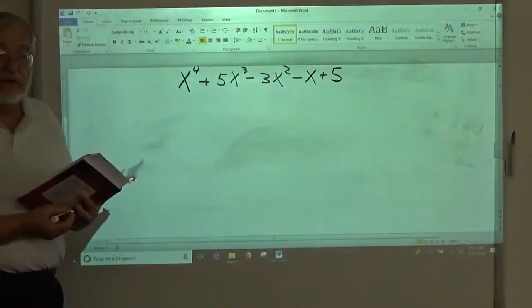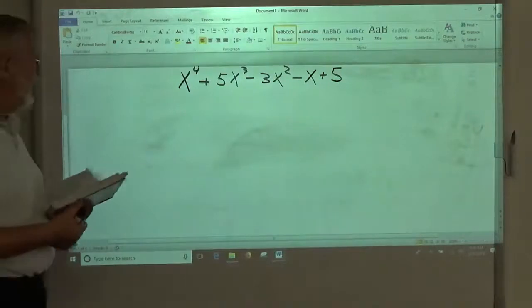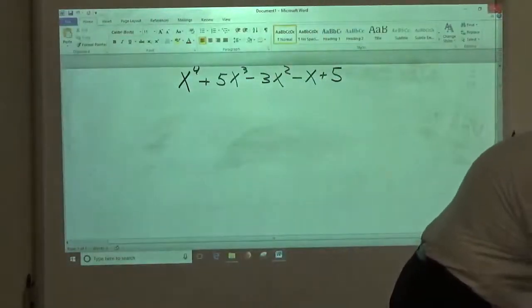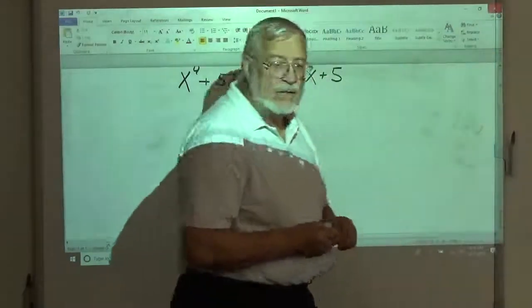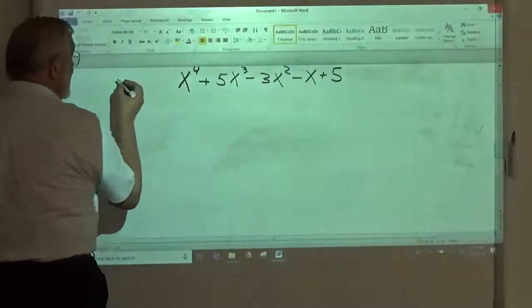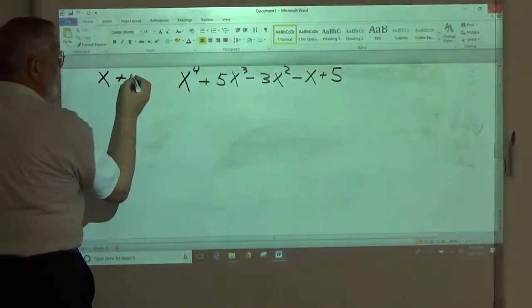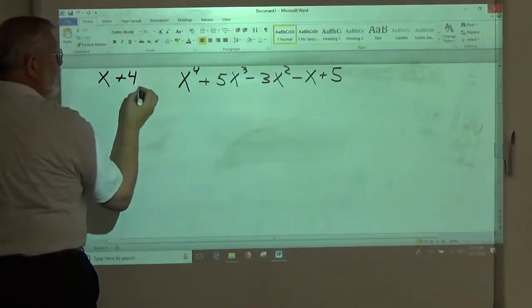And what you're going to be asked to do is to divide it by a binomial. The binomial that you're going to divide it by is going to be x plus 4.